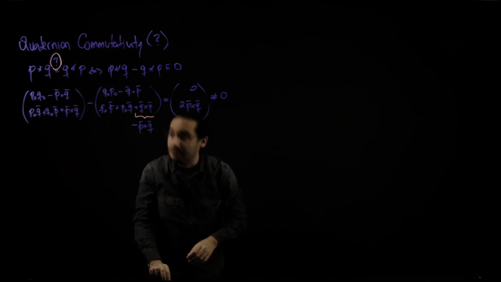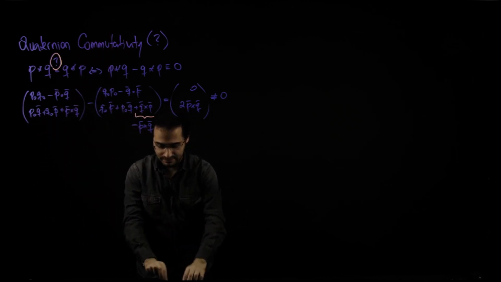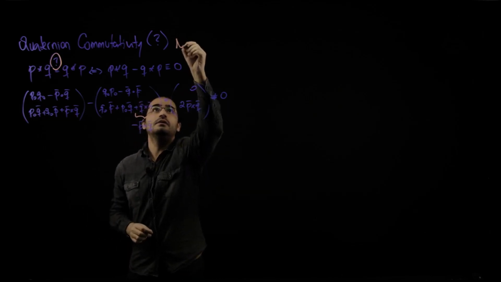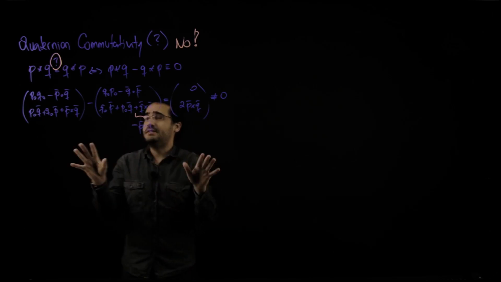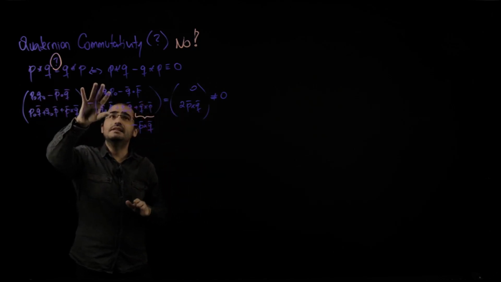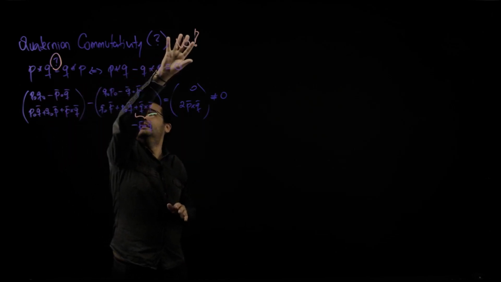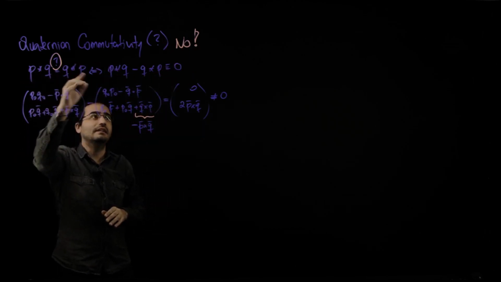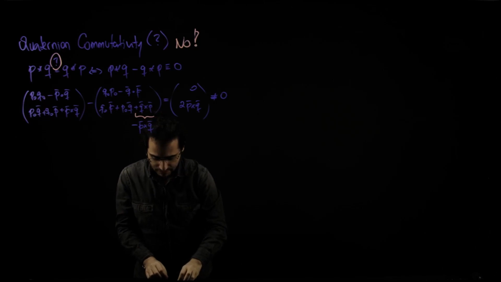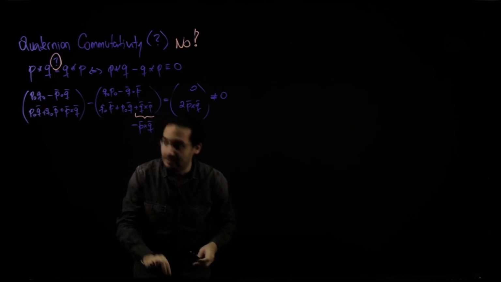First thing to know is that this answer is a no. They are not commutative. And this breaks the structure that we have from real and complex numbers. Keep this in mind now, that we are not allowed to do that operation.